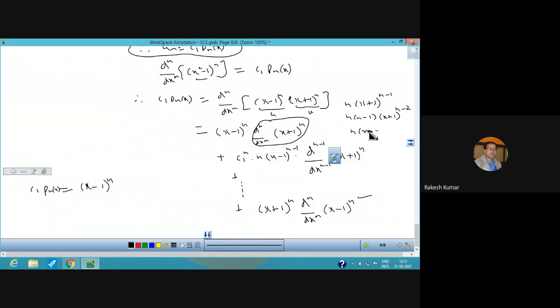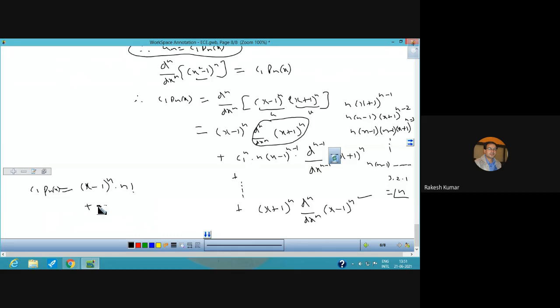Similarly, next order will be (n minus 1)(n minus 2)(x plus 1) raised to power n minus 3. अब ध्यान से देखिए हमारे पास क्या बनता जा रहा है, n minus 1 and so on, 3 2 1, and that will be written as n factorial. So this term will give you n factorial.